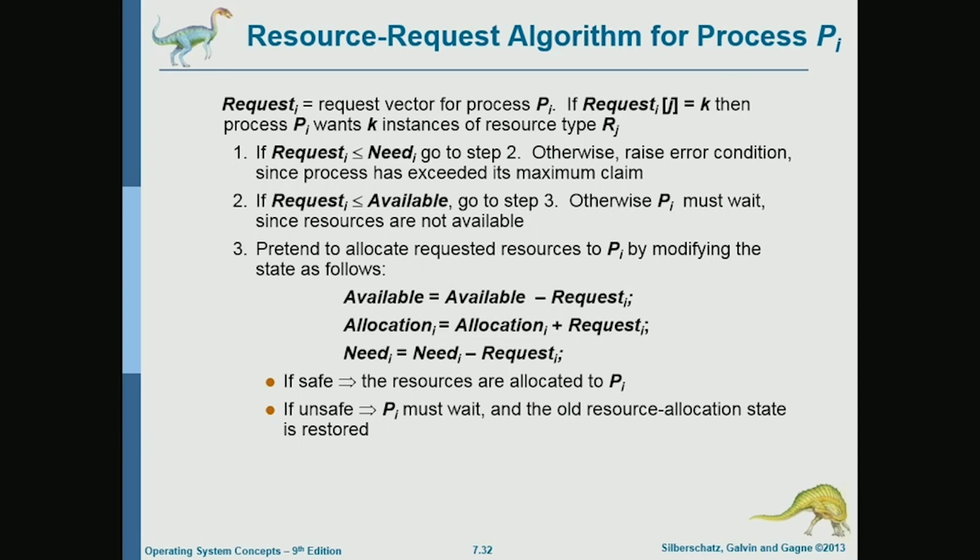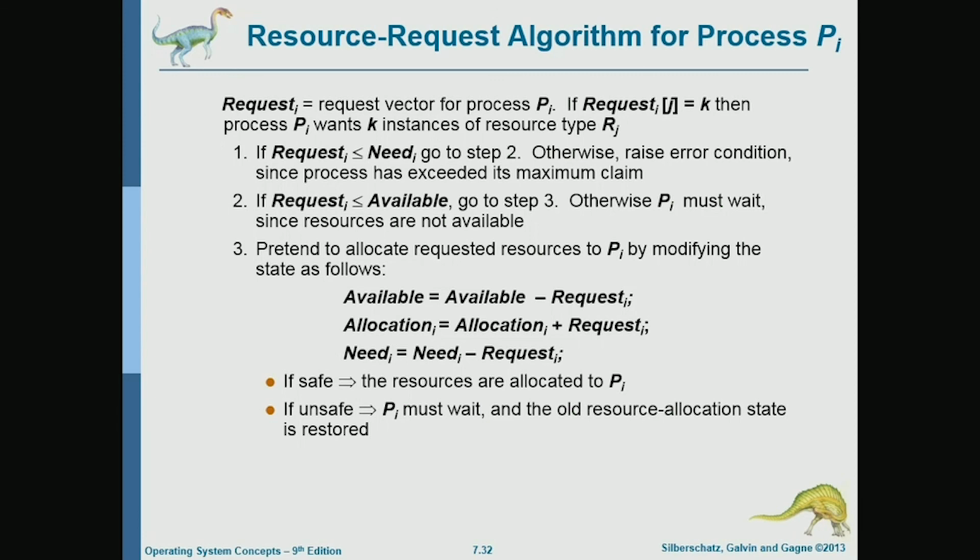Because if a process requests something that exceeds its need, then the maxima that we were given were not right. So this is an error, because the algorithm works under the assumption that we know the maximum needs.